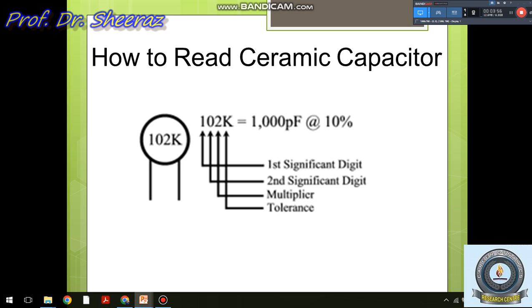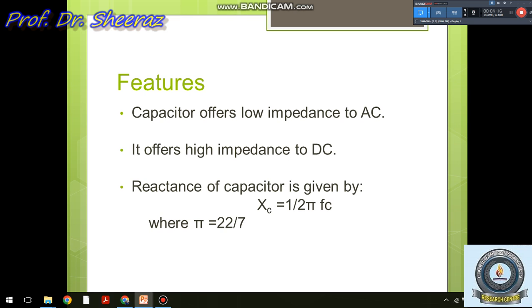Similarly, the fourth one is the tolerance, and this we have seen in resistances as well. So, the actual capacitance of this capacitor comes out to be 1000 picofarad, and it has a tolerance of 10%. This can be 10%, it can be 5%, it varies from capacitor to capacitor.